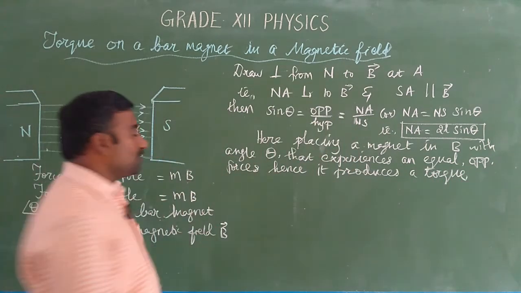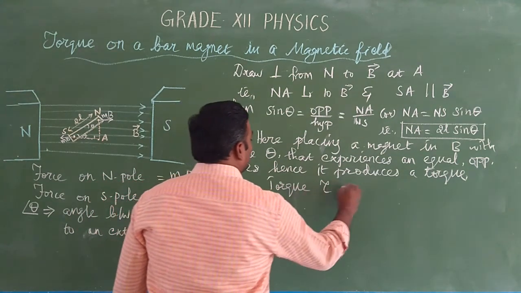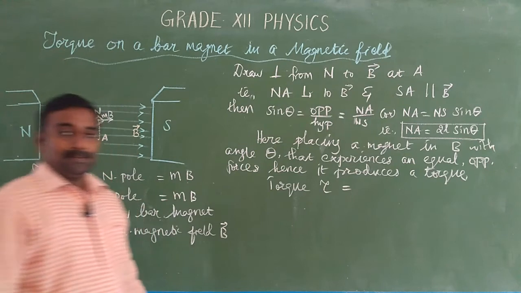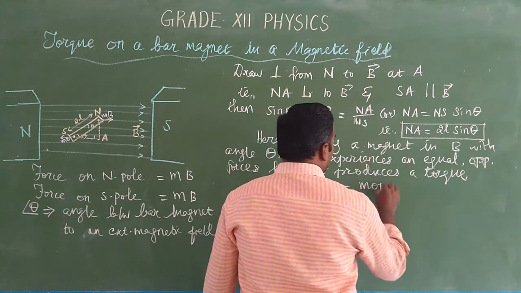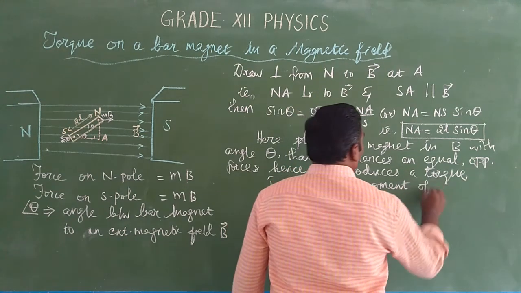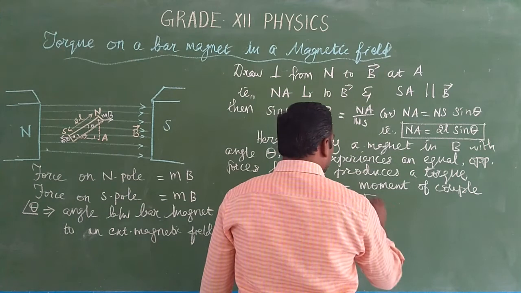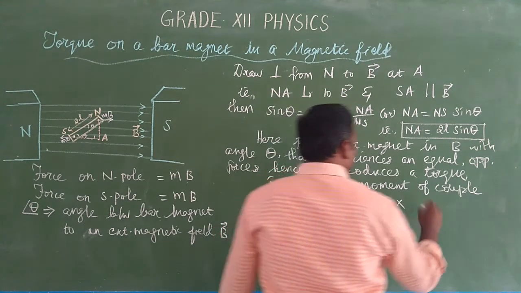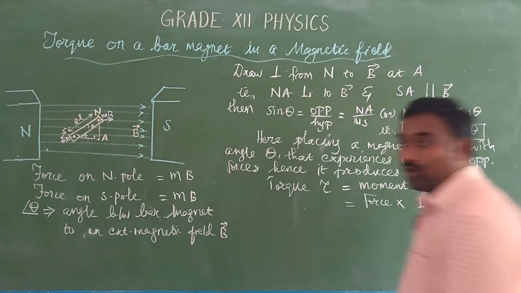So this torque tau is the moment of couple, and the moment of couple is the product of force and perpendicular distance. This we have already studied in the lower classes.